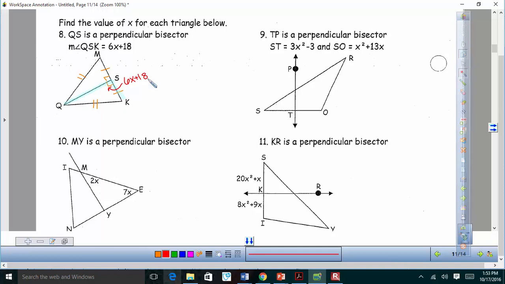So what could I set 6x plus 18 equal to? 90. Very good. We know that this angle is a right angle, so we would do 6x plus 18 equals 90. We would subtract 18 from both sides.